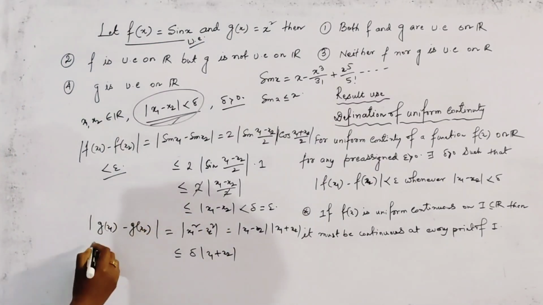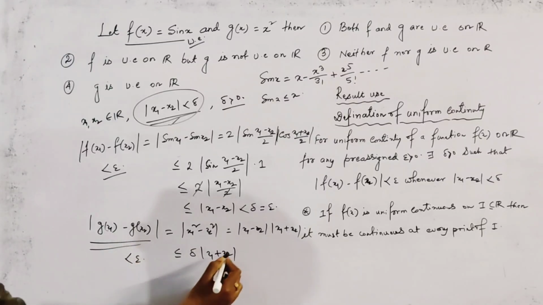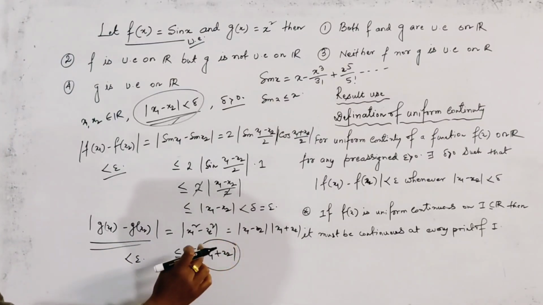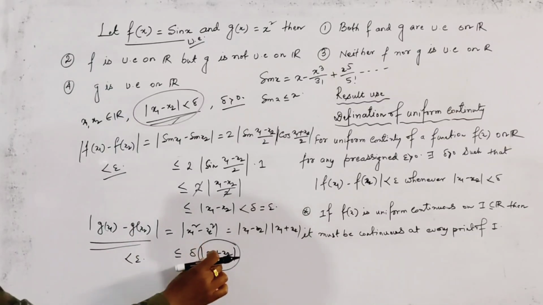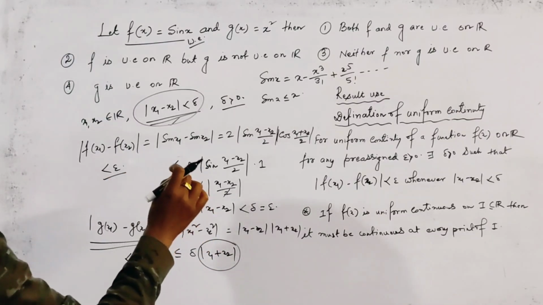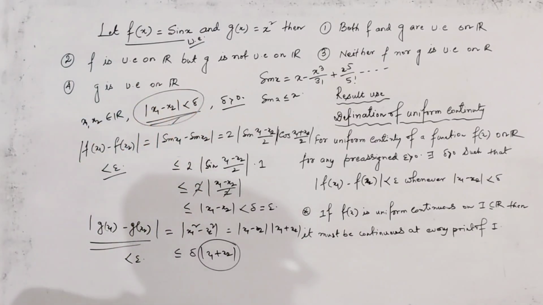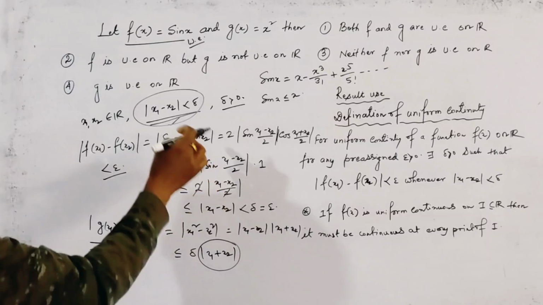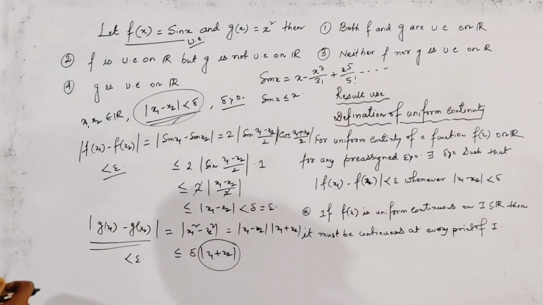But we cannot make it less than epsilon because of the presence of the term |x1 + x2|. For any two values x1, x2, the difference is less than delta, but the sum may not be so small.